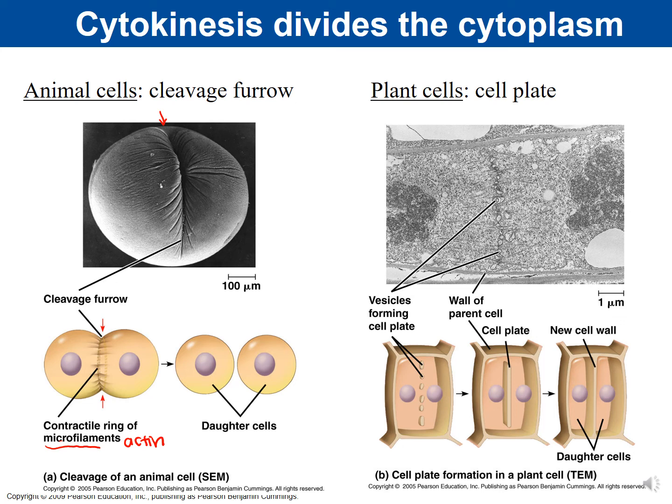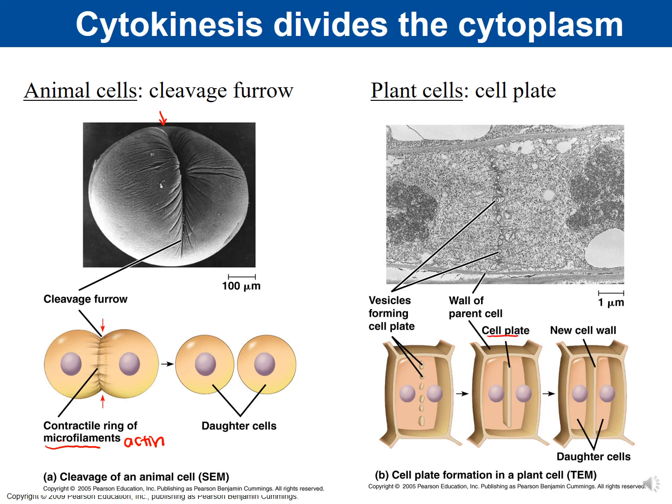And so you can see down here, here's this picture. Here in the middle, there are these vesicles forming. So these are these little transport vesicles, and in them they have the components for a new cell wall and cell membrane. Those vesicles are going to fuse until you get what's called a cell plate.